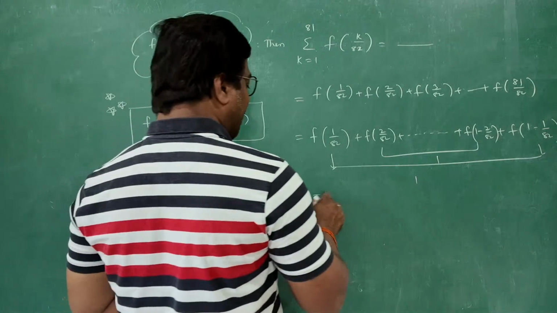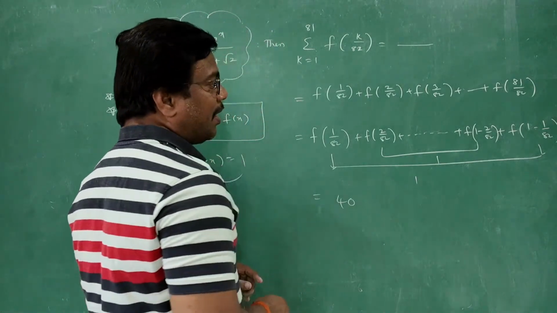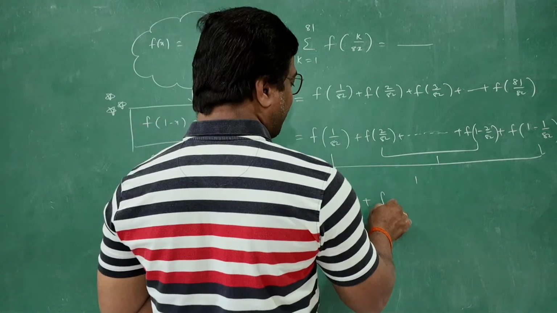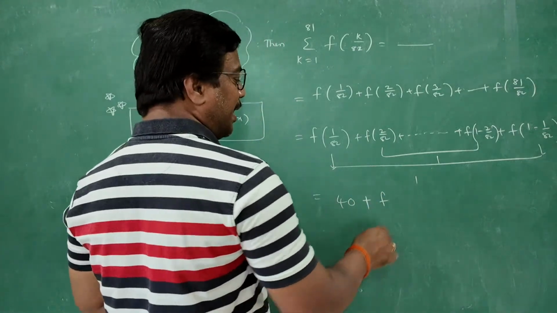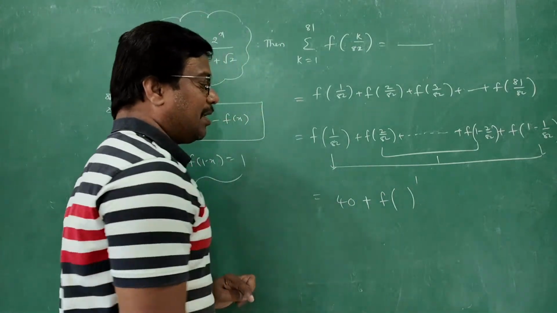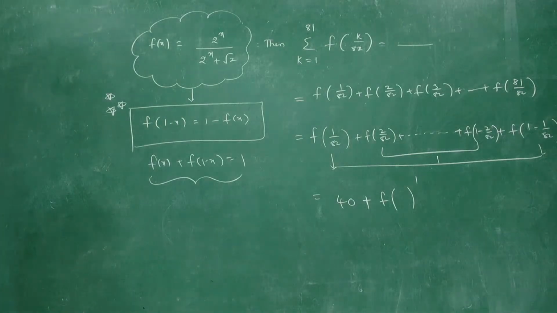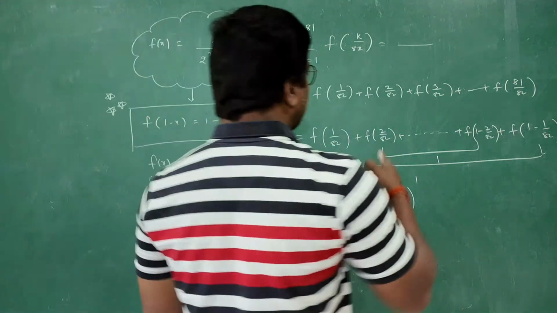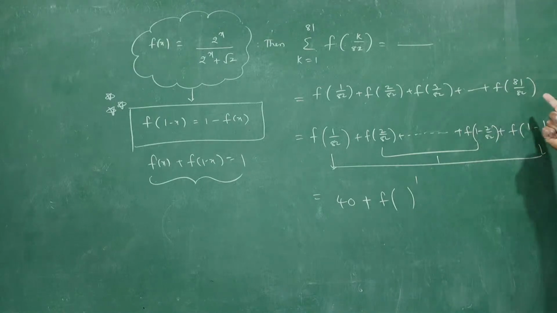Totally the pairs you will get 40 pairs, and the middle one without combination leaves one functional value, that is 40 plus f of the middle one, 41 divided by 82. It is 1 by 82, 81 by 82.